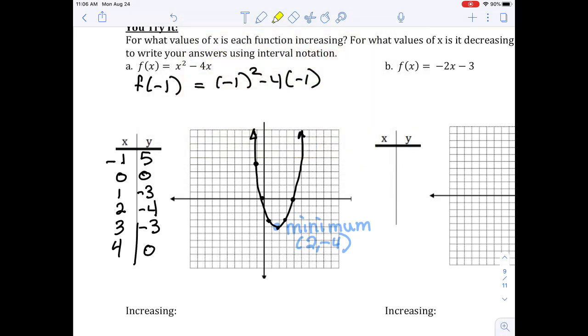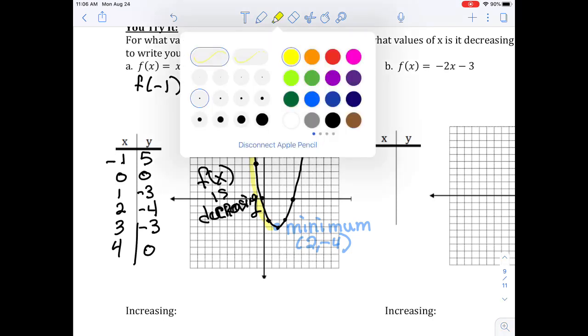And so if I were to shade now, let me go back and use some different colors. So let's use yellow. So I'm going to highlight the section of the graph where f of x is decreasing. So f of x is decreasing along the yellow.